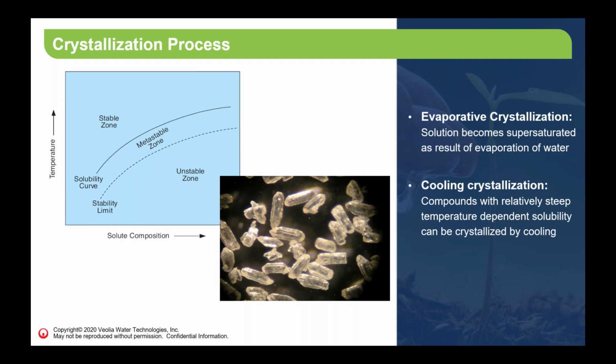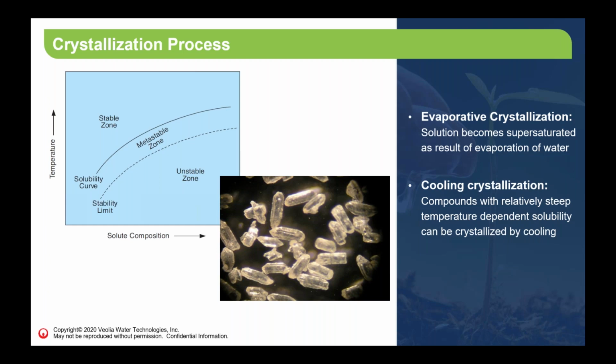Supersaturation is the driver for this crystallization process, and it can be achieved in two ways. The first way is evaporative crystallization, which means the solution becomes supersaturated as a result of evaporation of water. We evaporate water, the solute concentration increases, we go below the solubility curve, it's supersaturated, and the crystals are released.